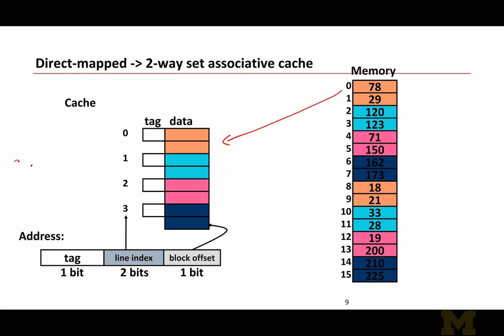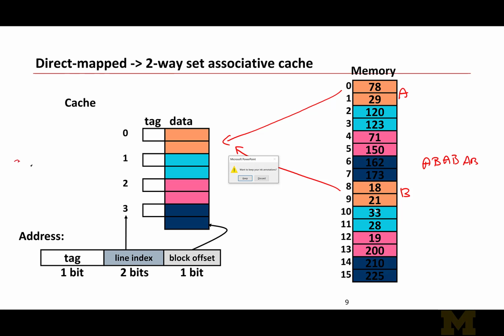And that's a problem, because when you have a program that happens to access cache blocks that get mapped to the same cache line, then you may end up with poor cache performance. So for example, in this case, if these 2 are blocks A and B, and if your program accesses A and B alternately, then you may end up with very poor cache performance. In fact, it's 0 cache hit rate. So we want to create more choice. How do we do that?